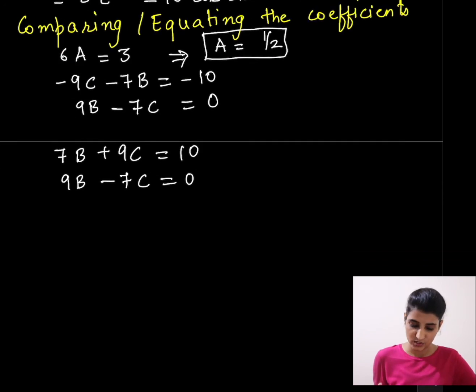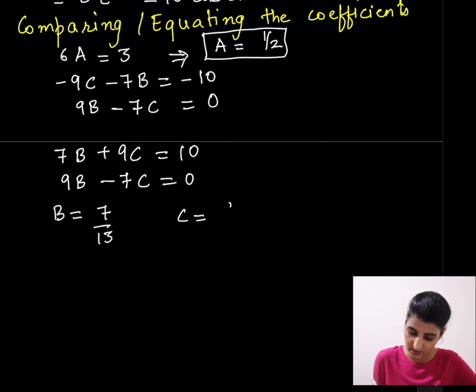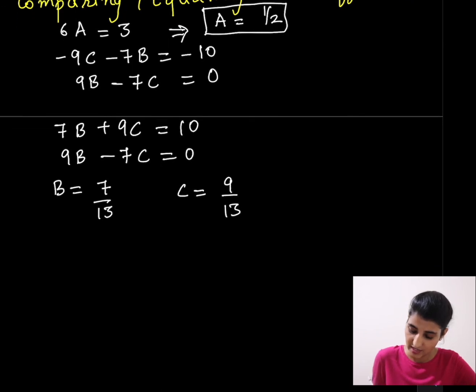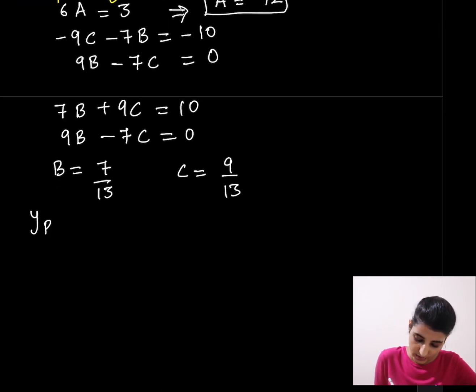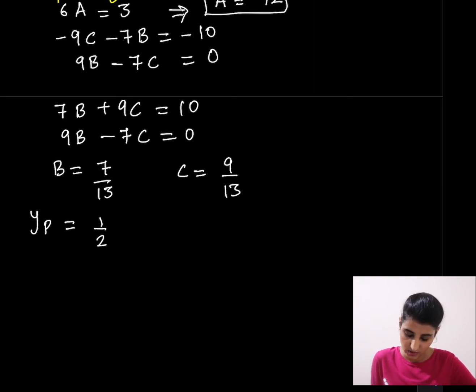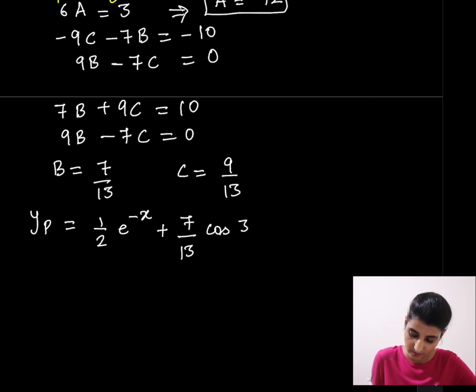I am leaving this for you, and you will get the value of b as 7 by 13 and the value of c as 9 by 13. So your particular solution is going to be 1/2 e^(-x) plus 7 over 13 cosine 3x plus 9 over 13 sine 3x.